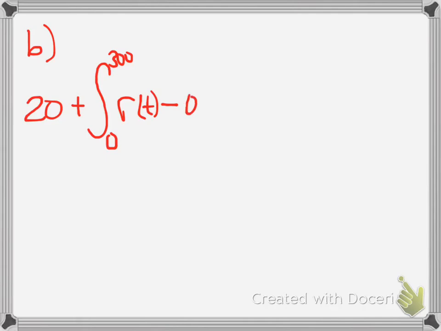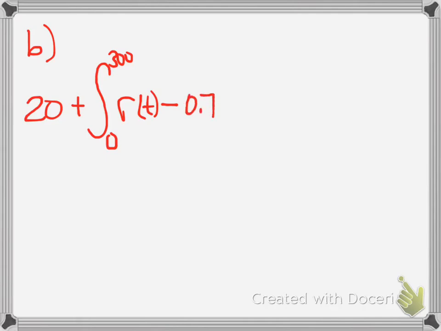We have the initial 20 people in line. We need those people. And then we have an integral, because we're trying to find an accumulation from a rate, the integral from 0 to 300. The rate of change of the people in line is affected by two things. It's affected by r, the rate at which people are entering, and it's affected by the 0.7, the rate at which people are leaving.